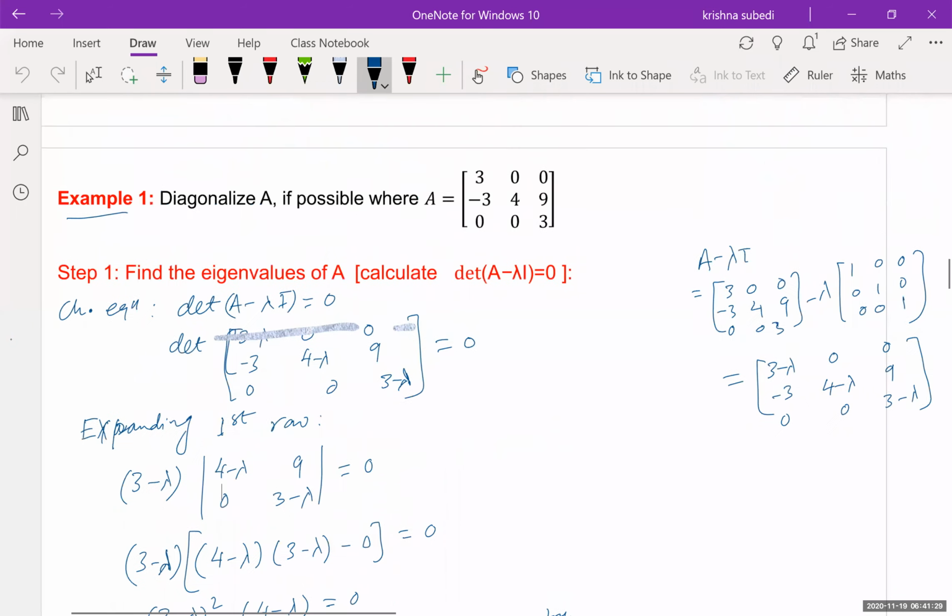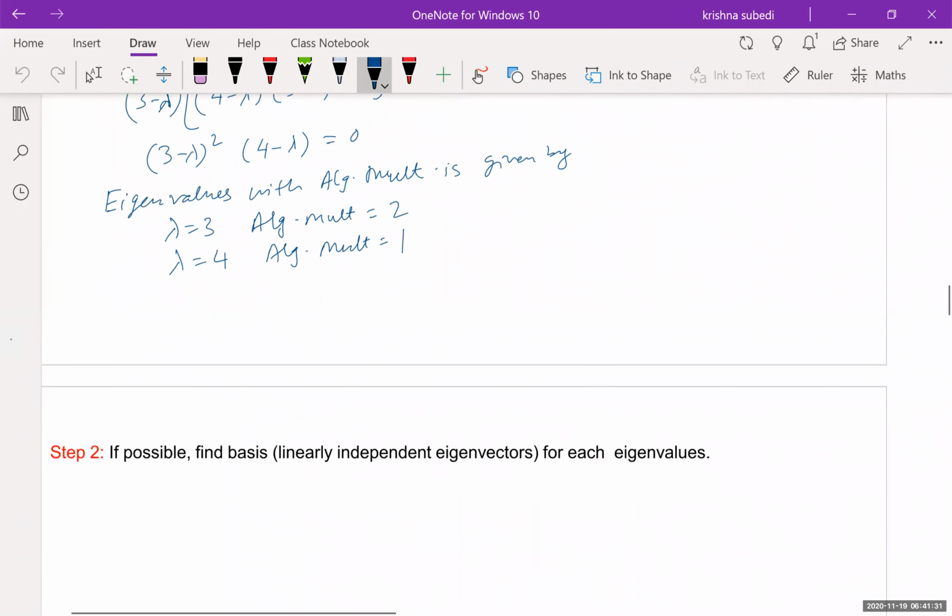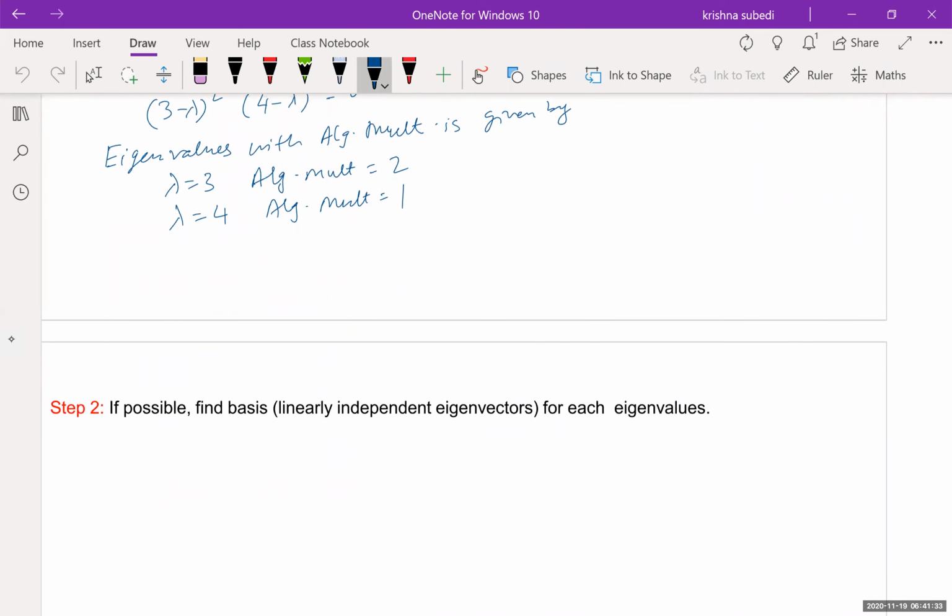Now let's go back. What is in step 2? In step 2, if possible, find a basis for each eigenvalue. This is what we call the eigenspace, by the way. We need to find the basis for the eigenspace. So how do we do that?